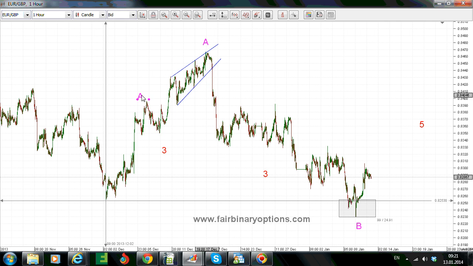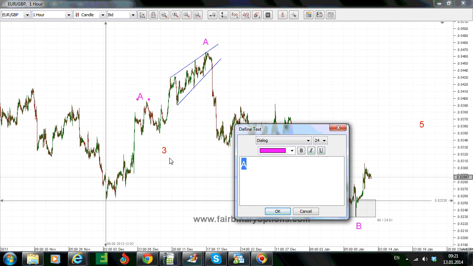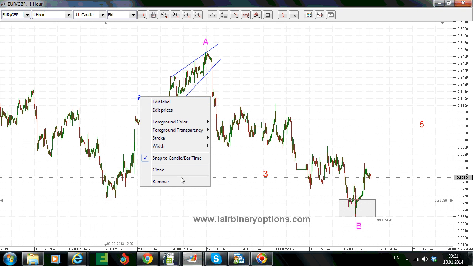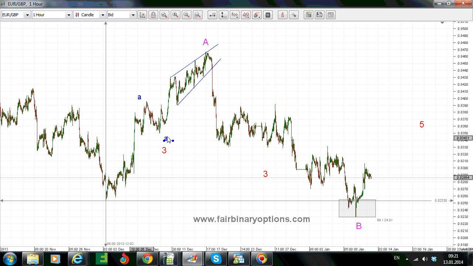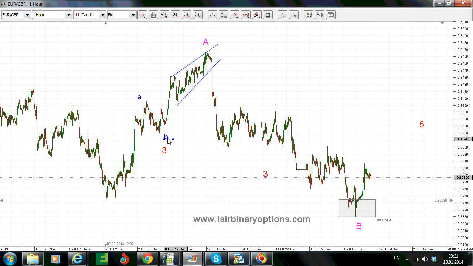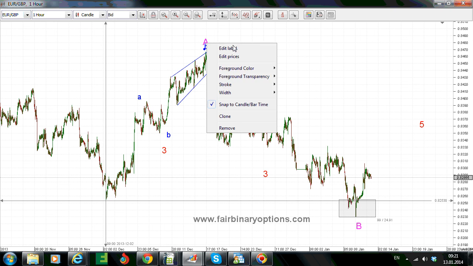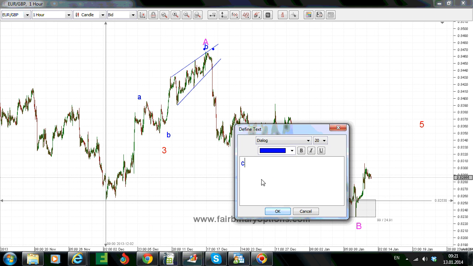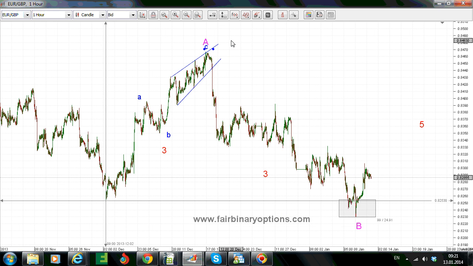So of lower degree this should be A, something like that, then a B wave to the downside, AB, and a C wave, ABC, like this for wave A, and then another 3-wave move to the downside here.